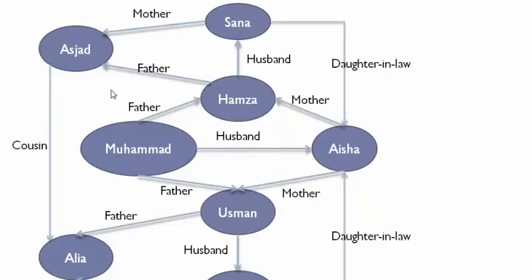With this graph, you can tell me that Aisha is the grandmother of Asjad. Anyone who observes this graph can understand the relationship between different objects. So this is the beauty of the graph data structure, or the data structures that we will see in our lectures.